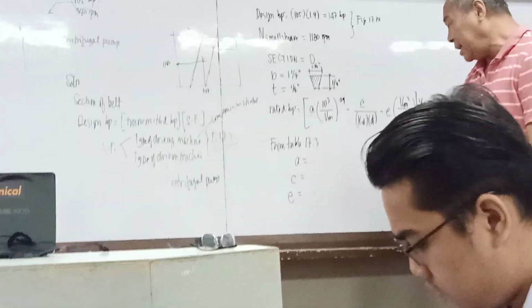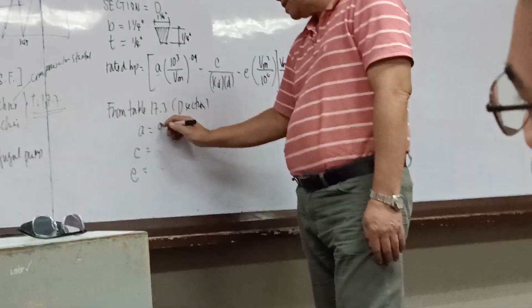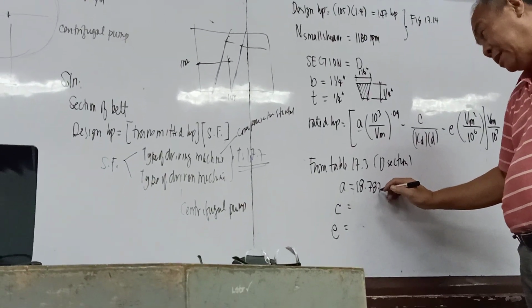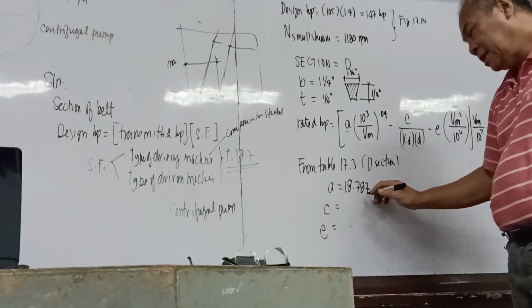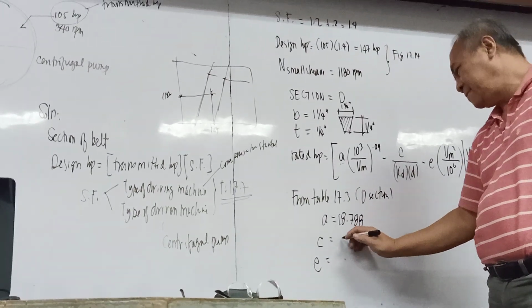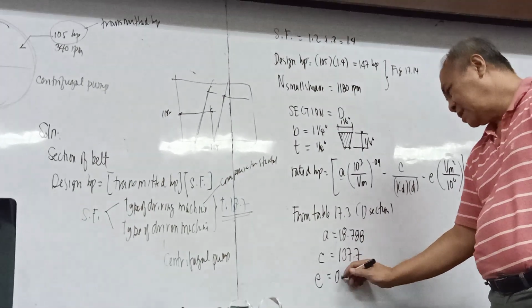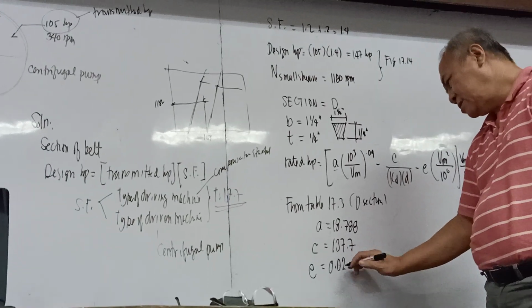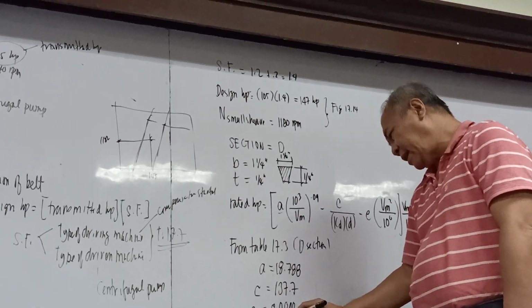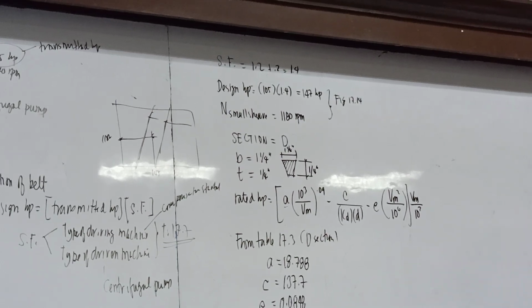For section D, A is 18.788, C is 137, and E is 0.0848. The values are not the same for each section.